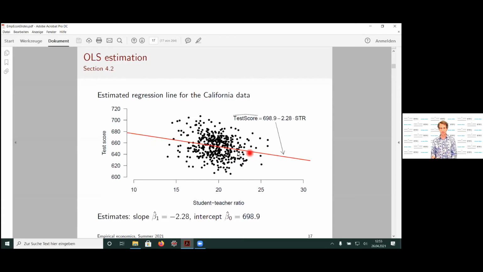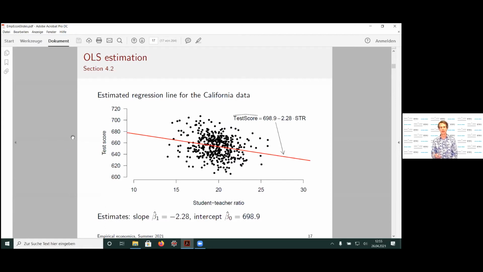So this is the estimated regression line. We have an intercept, which is estimated as almost 700. So it's not here because the x-axis starts at 10, and to arrive at 700, you would have to go all the way down to 0, which is probably here, and then you would be up at 700.